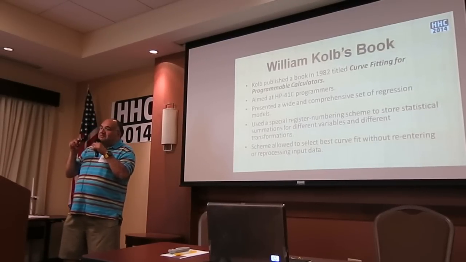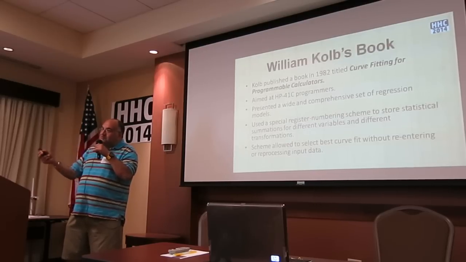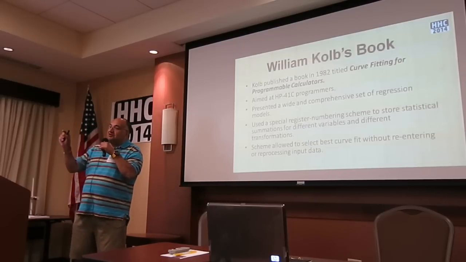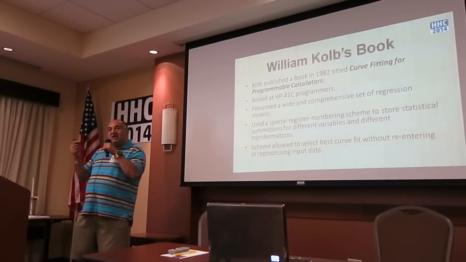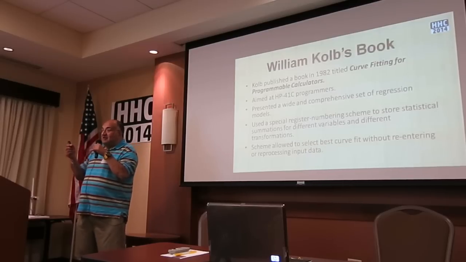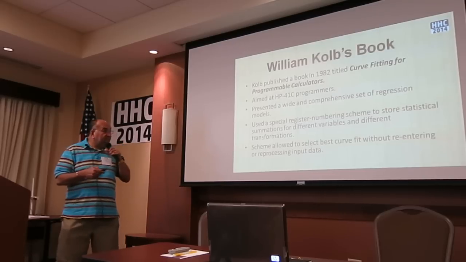But he did it in a very special way. Instead of using statistical summations like most books, including HP stat books, he would use the register numbers. So in a way, he made it a little bit easier to take that information and code it into a program.